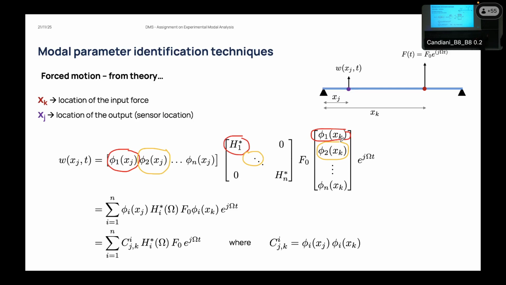If you introduce this coefficient and you call it the product of the ith mode shape computed in the location of the output times the same mode shape computed in the location of the input, you can rewrite this summation here as F0 times the coefficient Cij times the frequency response function for the mode number i.